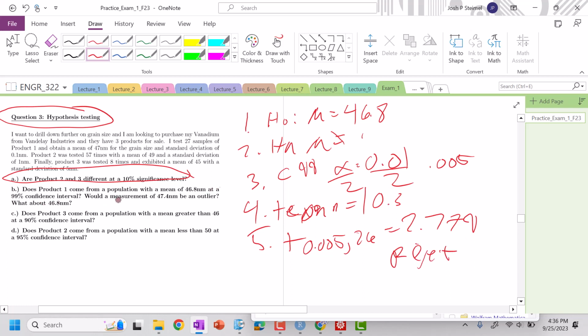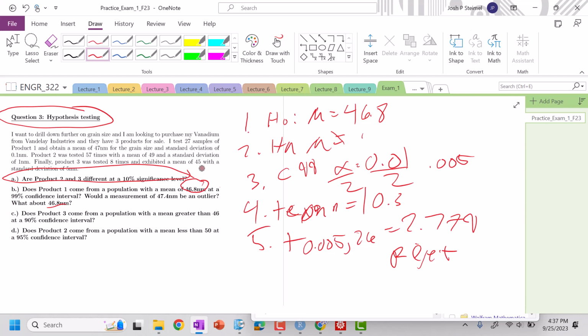Would a measurement of 47.4 nanometers be an outlier? What about 46.8? Now, there are a number of ways you can look at this. So if, let's say, this is our population mean, this is actually a pretty good question. An outlier means that we are basically plus or minus 3 sigma away.